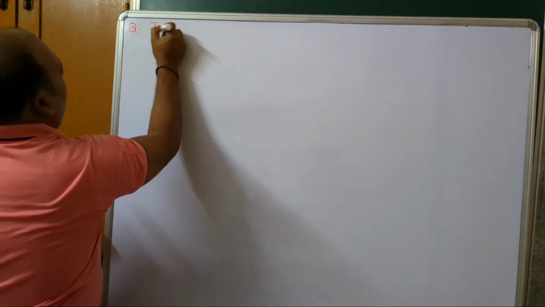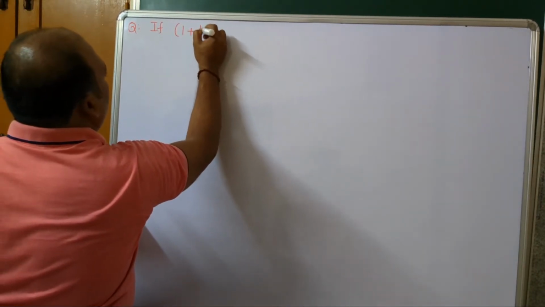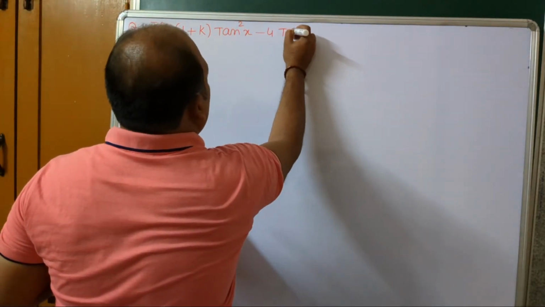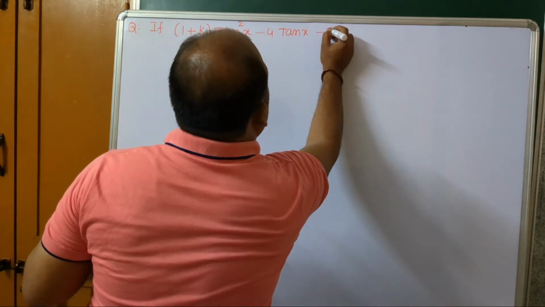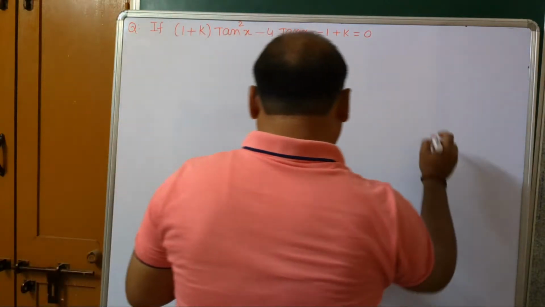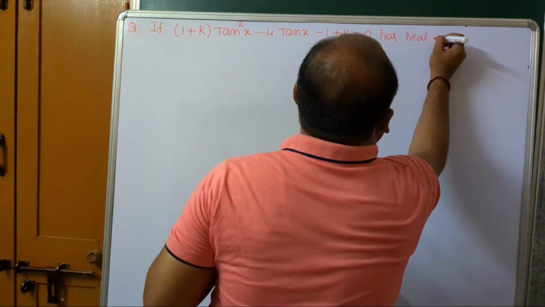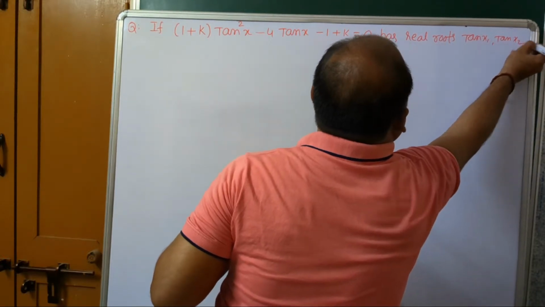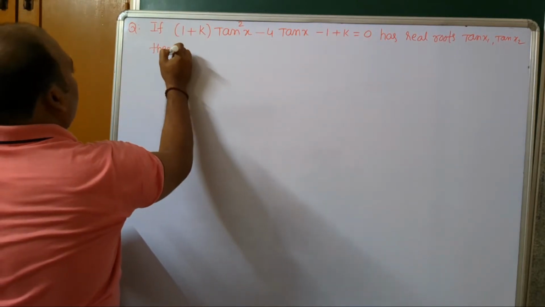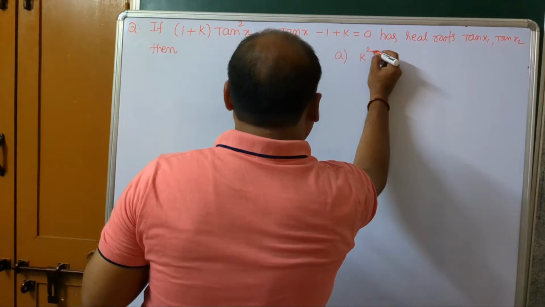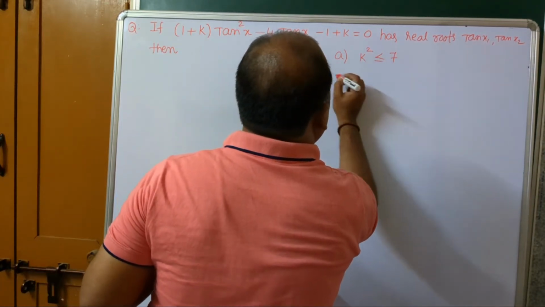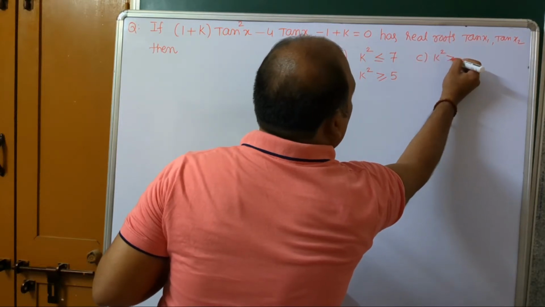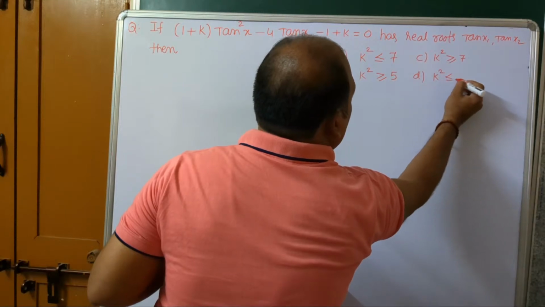The next question: if (1 plus k) into tan square x minus 4 tan x minus 1 plus k equal to 0 has real roots tan x1, tan x2, then: first option, k square is less than or equal to 7; k square is greater than or equal to 5; k square is greater than or equal to 7; k square is less than or equal to 5.